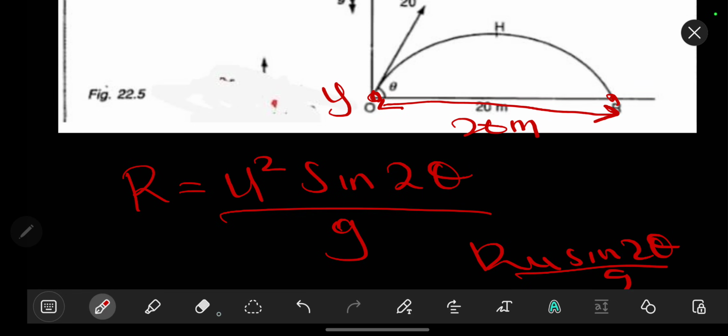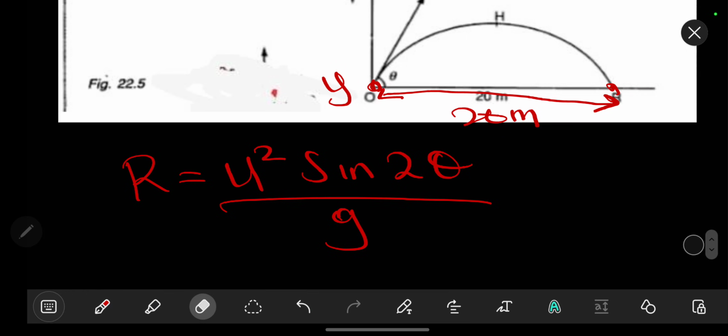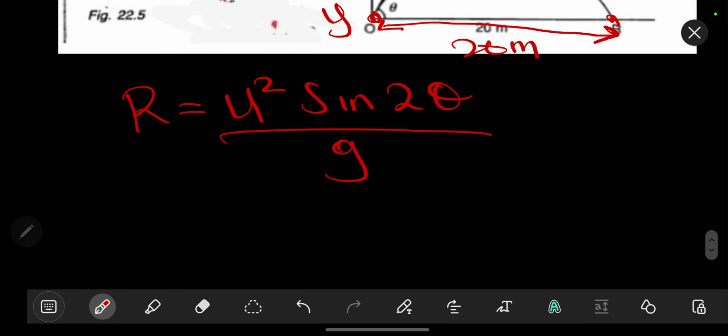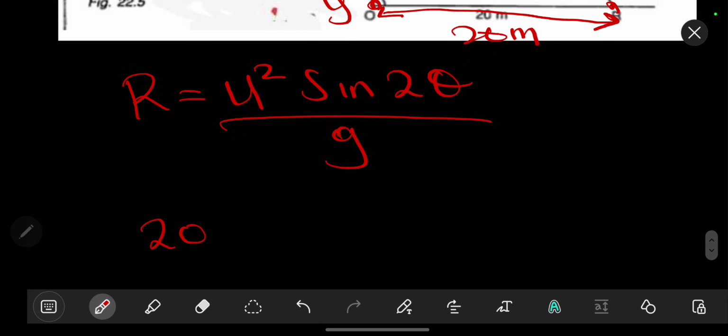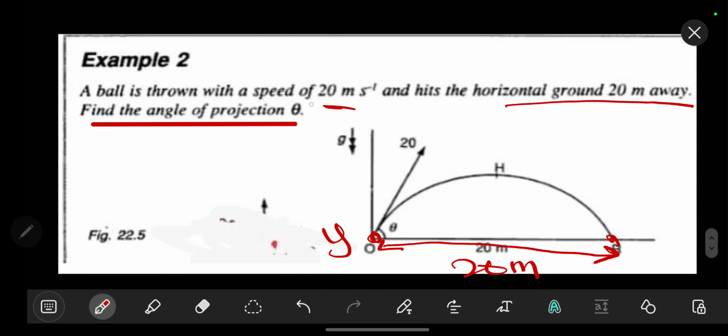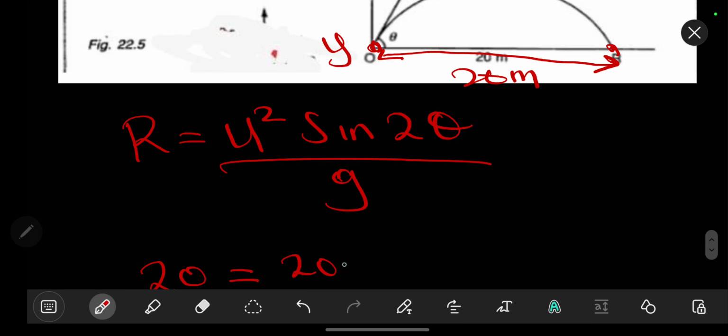This is the way you can remember it, losing to g. So the range, which is the distance moved in the x, we have been told is 20, should be equal to the initial velocity of projection, which is 20 meters per second, and we square it.